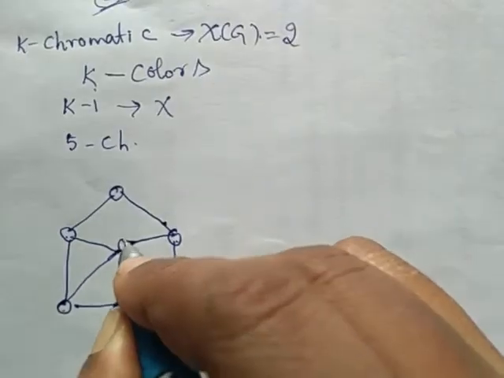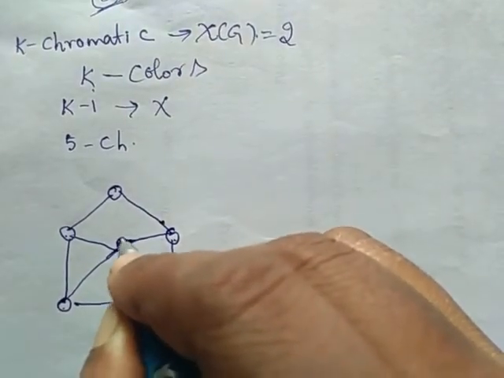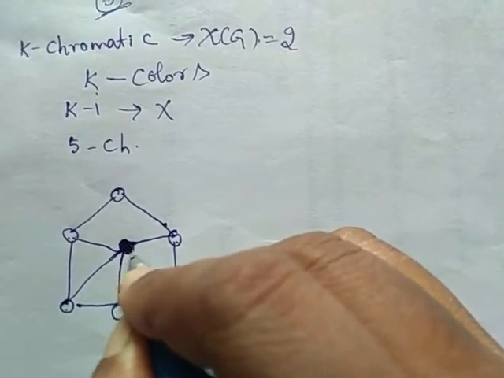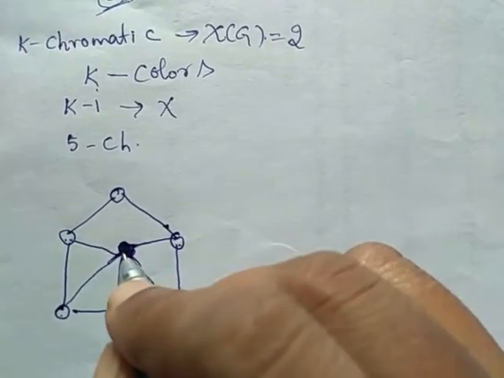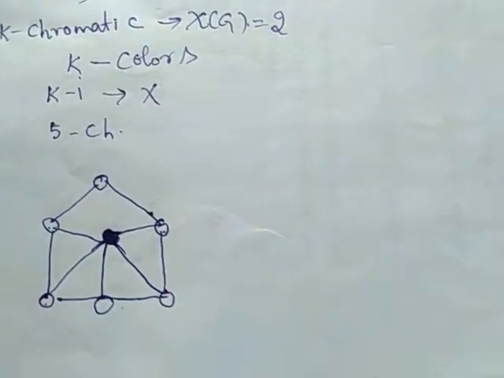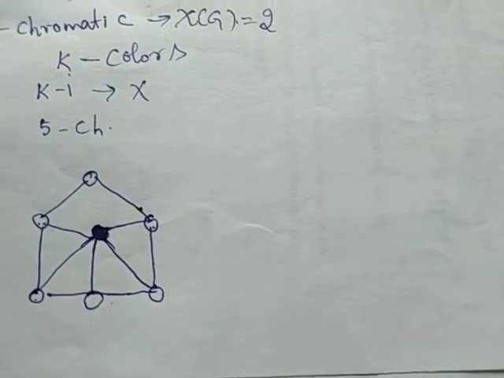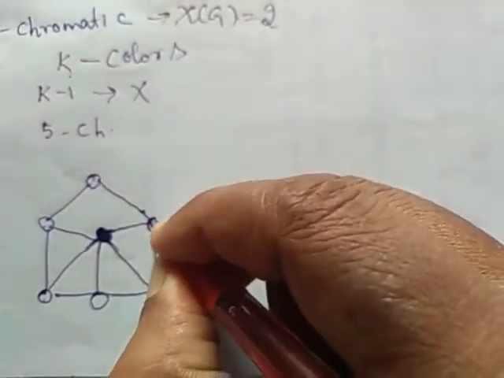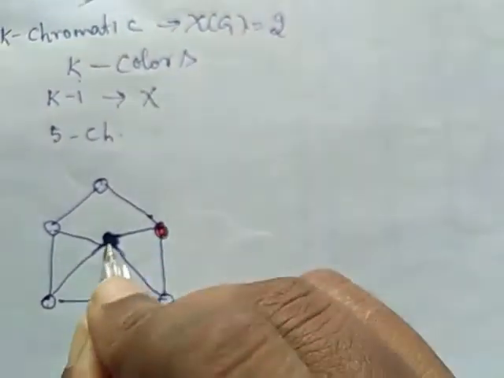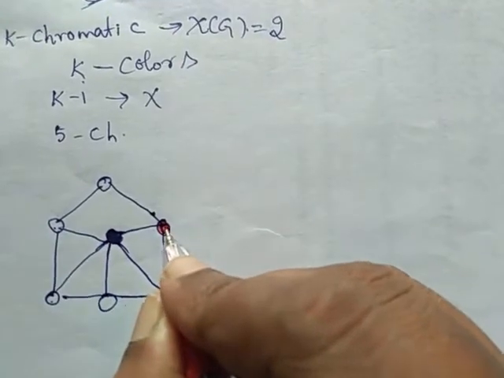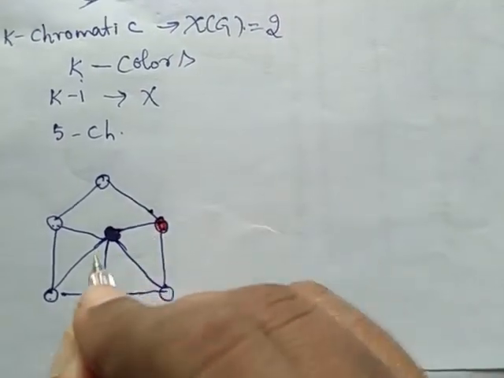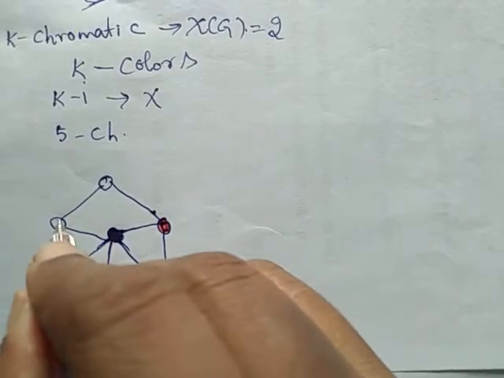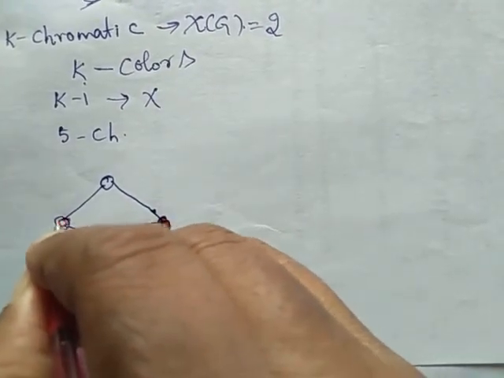Suppose I color this with blue. I am coloring this with blue. I can color this with red. This is blue. This is adjacent to this. I am coloring it as red. This is blue. I am coloring this also with red.